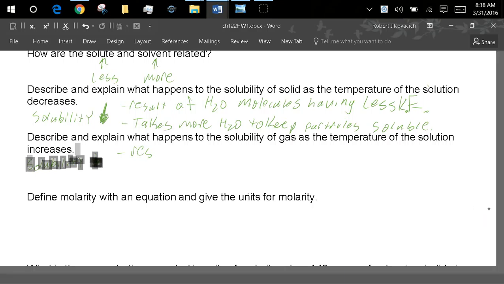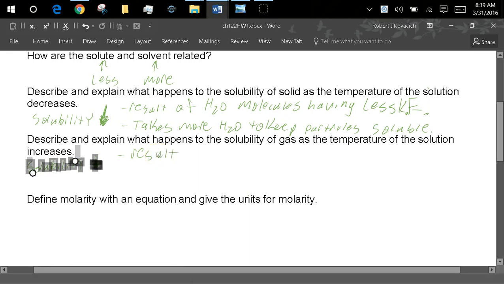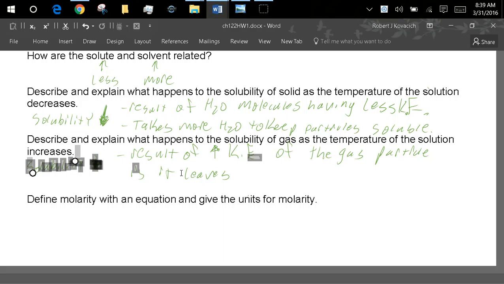Not evaporating faster than the water. The water, sure, if it's warming, and it doesn't even need to be warm, it's always evaporating, but the gases themselves just leave, right? The result of increasing the kinetic energy of the gas particle is it leaves. It's warm enough to now leave.